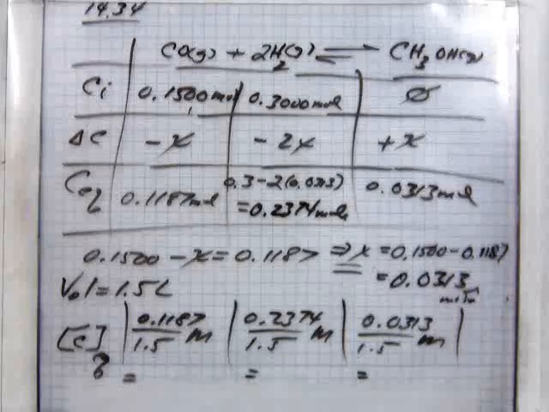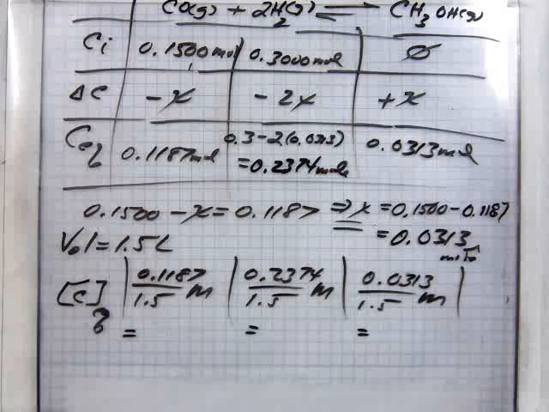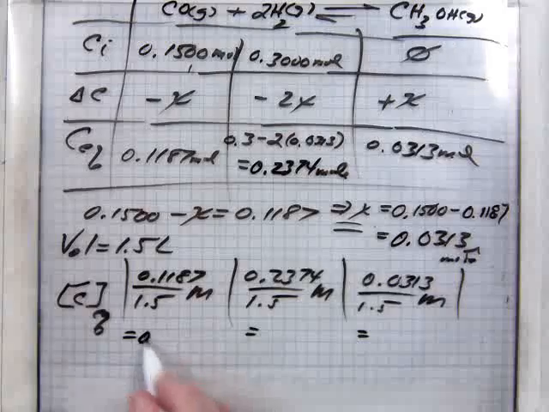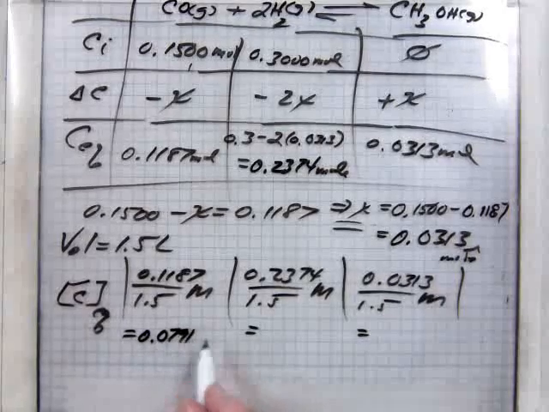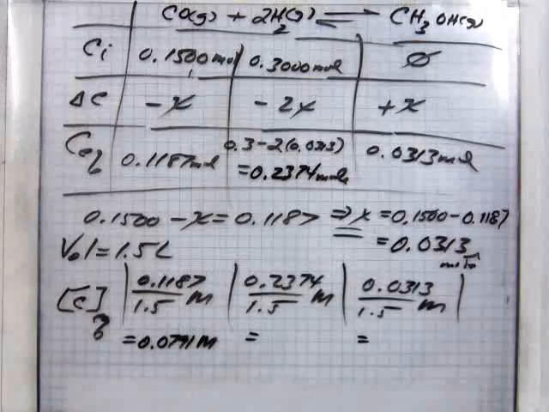So in this calculation, 0.1187 divided by 1.5, I get 0.0791 molar for the carbon monoxide.